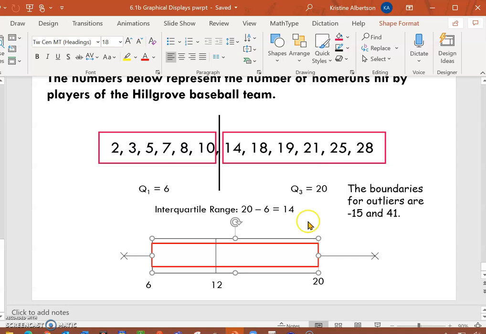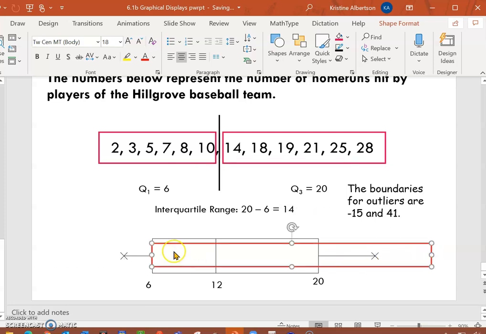Now 21 is going to be added to the top. I'm going to add the 21 to Q3, and then I'm going to subtract 21 from Q1.